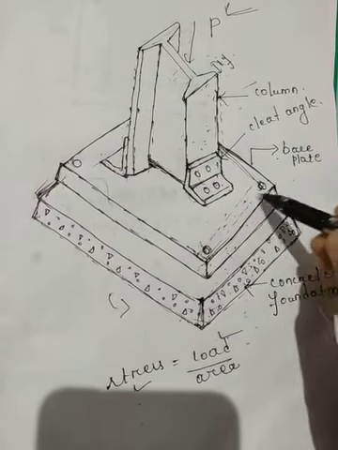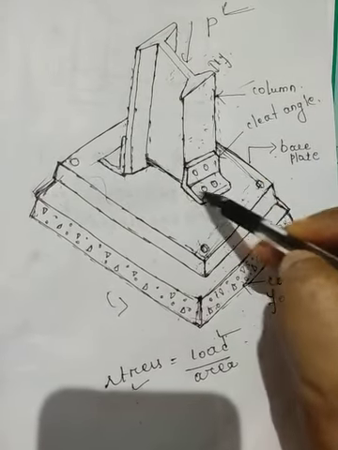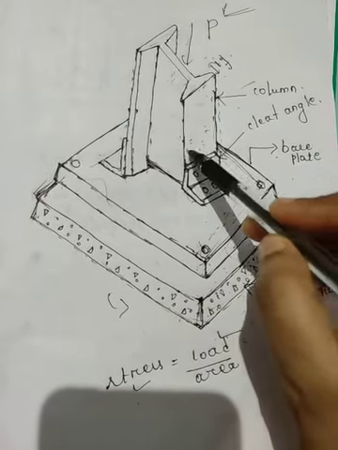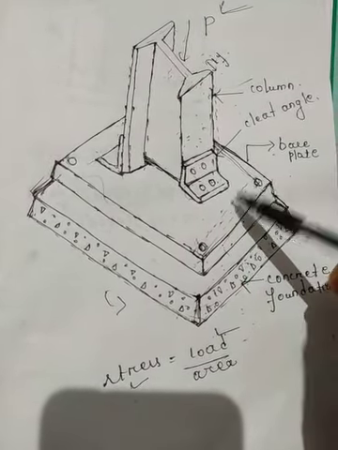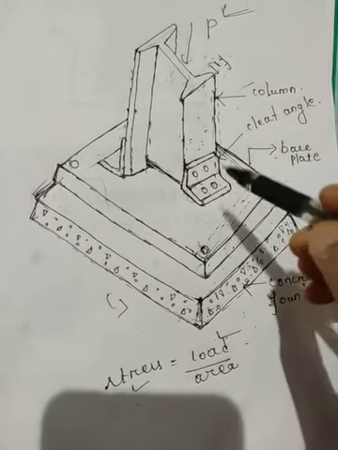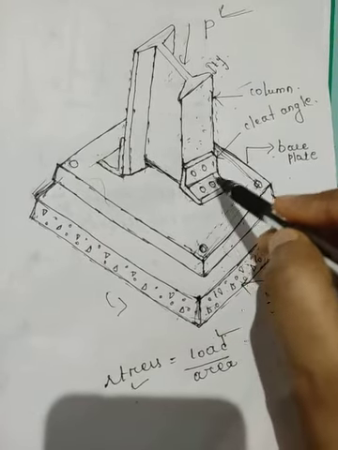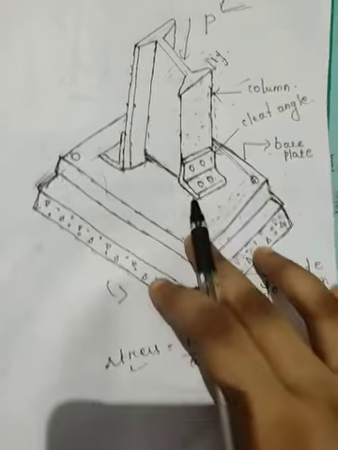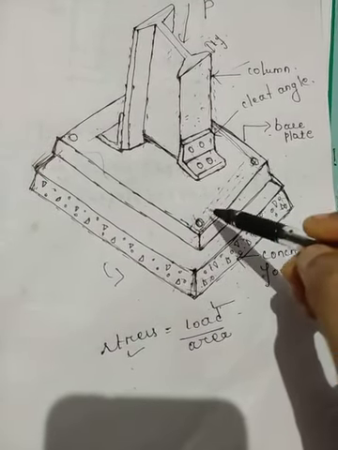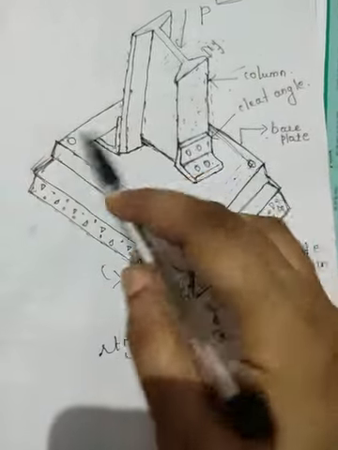Here the base plate is connected to the column through the lead angle by the bolted connection. We can connect the column to the base plate by bolted connection or by welded connection. In case of welded connection, there is no need of the angle section and the bolts. Then this base plate is connected to the concrete foundation by the foundation bolts located at each corner point.